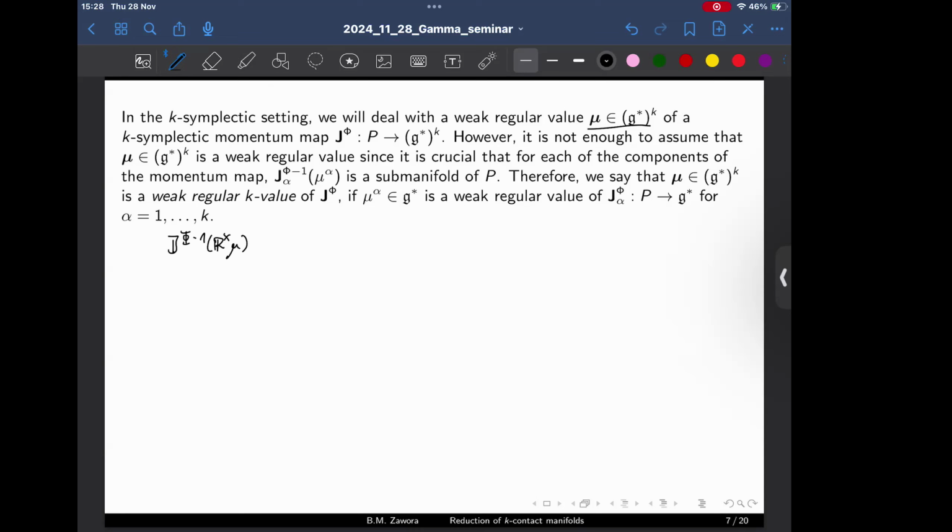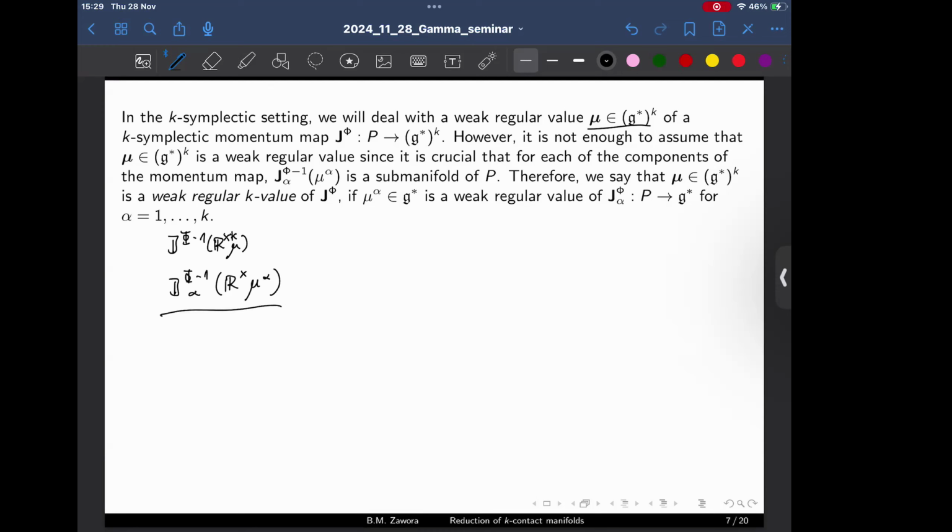We need that every J phi to the minus 1 of R cross K mu alpha is a submanifold of P.